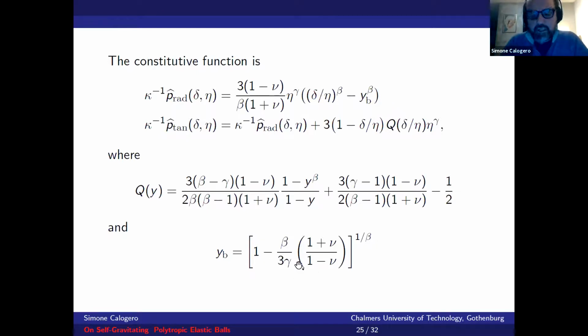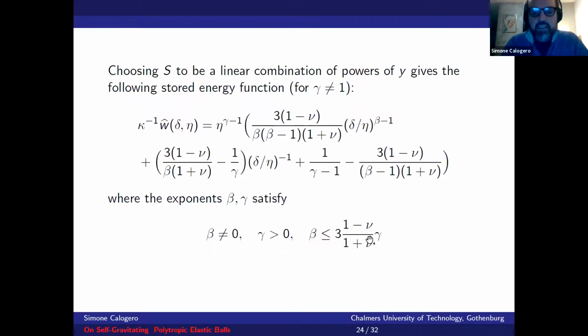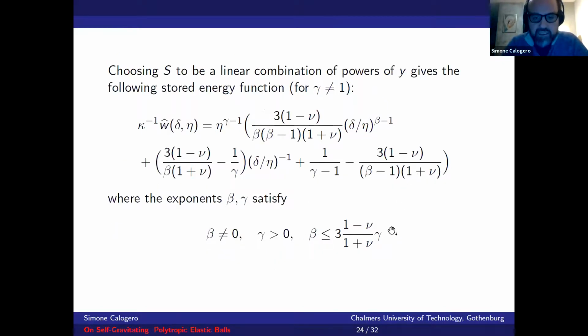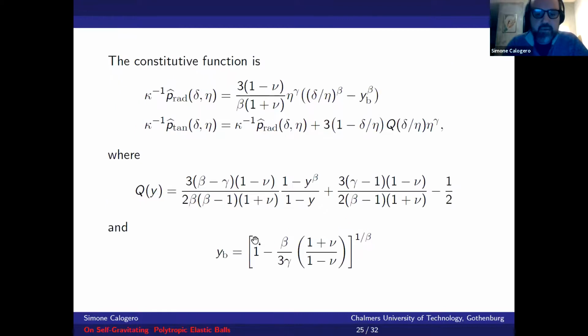And the condition that I had before, this inequality, is just a condition that this Y_B should be greater than or equal to 0. And by the way, when I choose equality here, so beta exactly equal to this, this is when Y_B, so the shear on the boundary of the elastic ball, is exactly equal to 0. And if the shear is equal to 0, also the density is equal to 0 on the boundary.